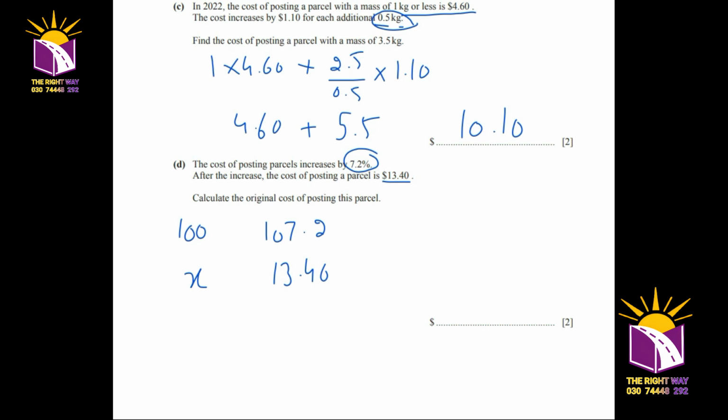To find x, we are going to use cross multiplication. X will be equal to 100 times 13.40 divided by 107.2, which is $12.5. So the original cost of posting the parcel without the increase is $12.5.